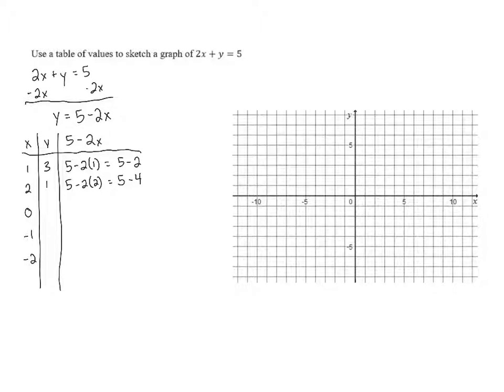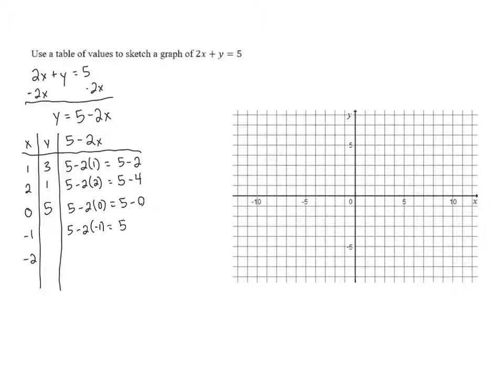Next, we'll plug in 0 for x. 5 minus 2 times 0. Well, anything times 0 is 0, so that second term is just going to be 0, and it'll be 5 minus 0, which is 5. Then for -1, we have 5 minus 2 times -1.